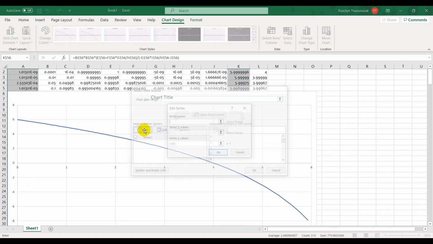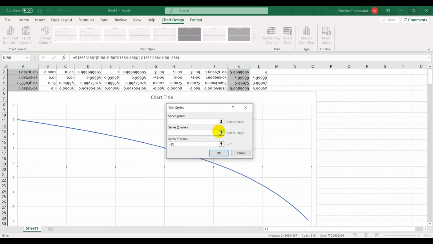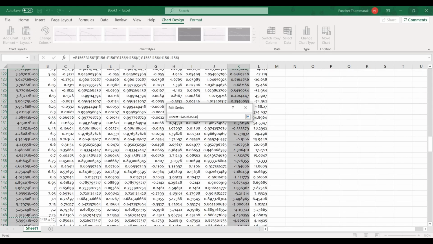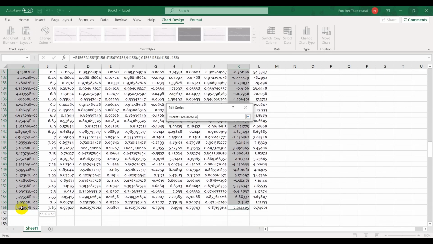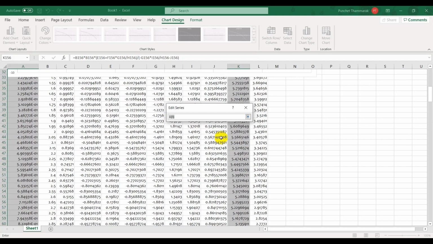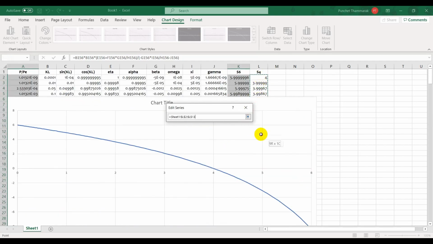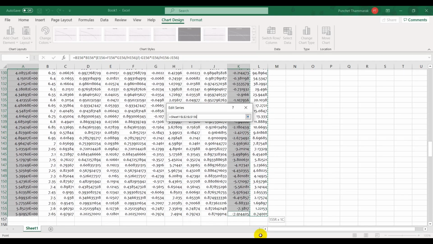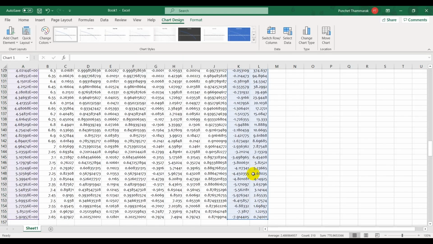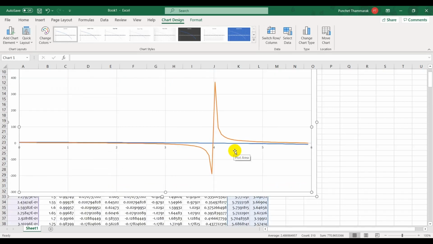Okay, add in select data, we add series name, the x-axis is this thing here, and the y-axis is this one here. Yeah, you can see here.